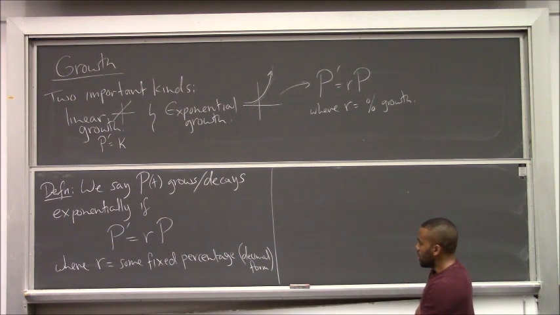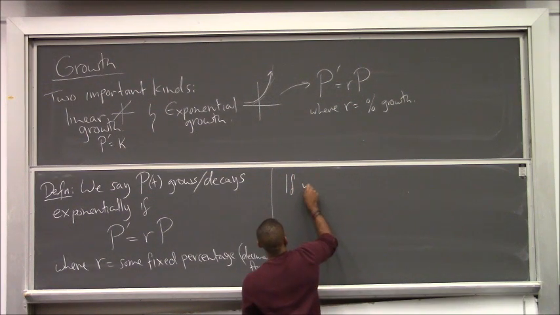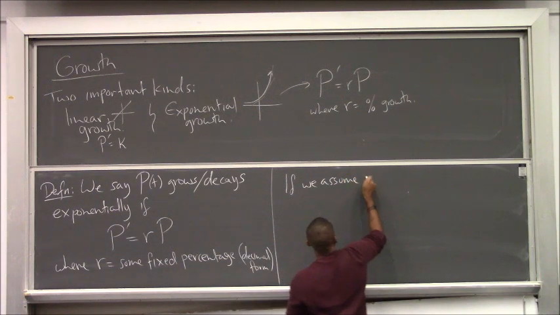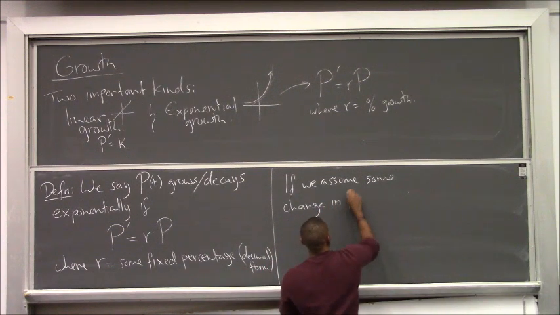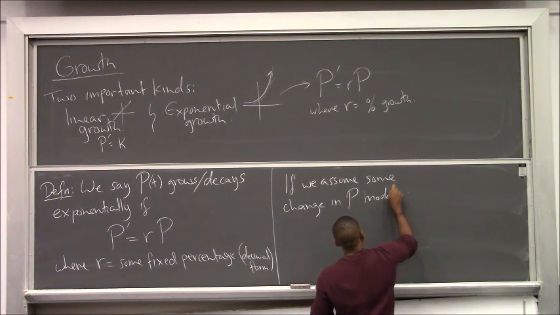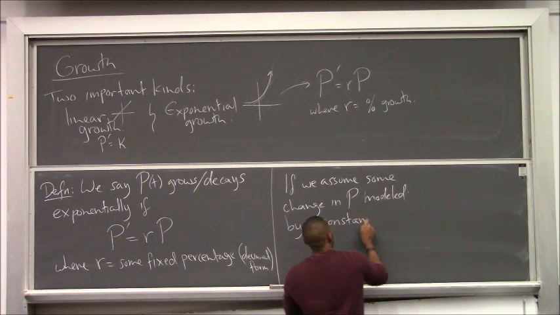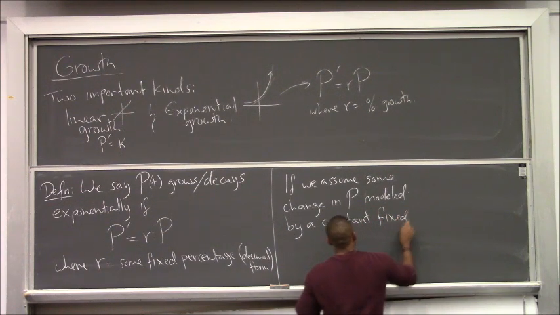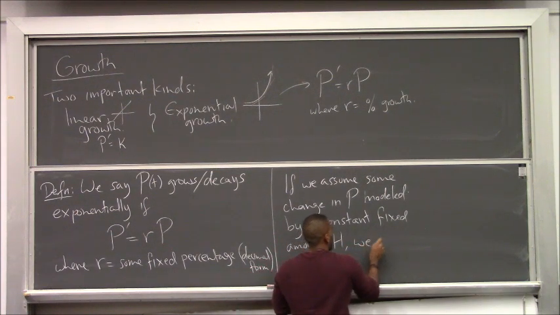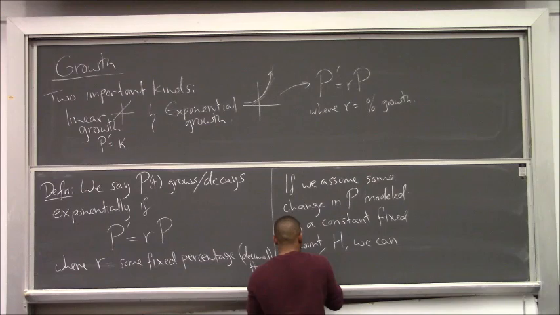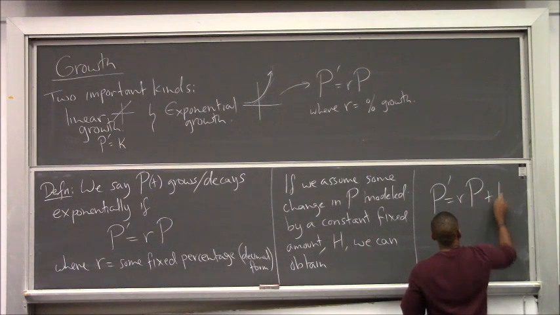Now, one other way you can modify this is that if we assume some change in P modeled by a constant fixed amount, H, we can obtain, well, P' equals RP plus H, right?